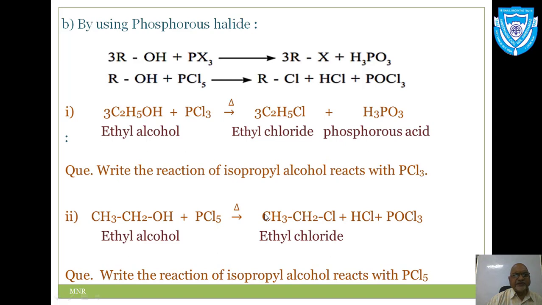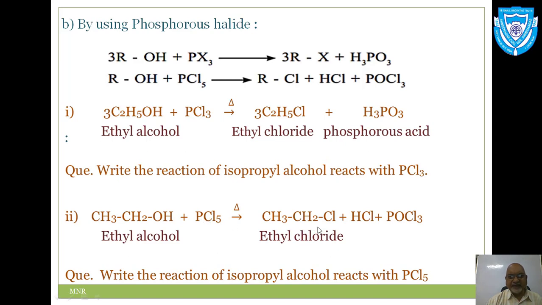The next reaction is with phosphorus pentachloride. If you see in this reaction, phosphorus pentachloride treated with ethyl alcohol gives ethyl chloride, that is simple. One of the chlorines substitutes the hydroxyl group from the alcohol, OH is substituted by 1 Cl.